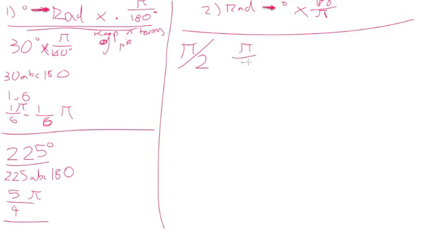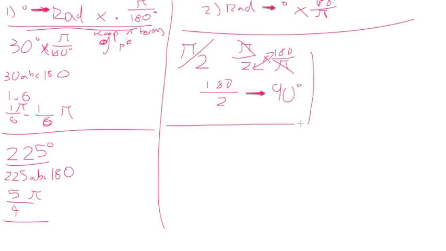So you go pi over 2 times 180 over pi, and you just cross these two out, cross multiply, so that will equal 180 over 2, right? And then just obviously simplify it, and then that will go to 90 degrees.